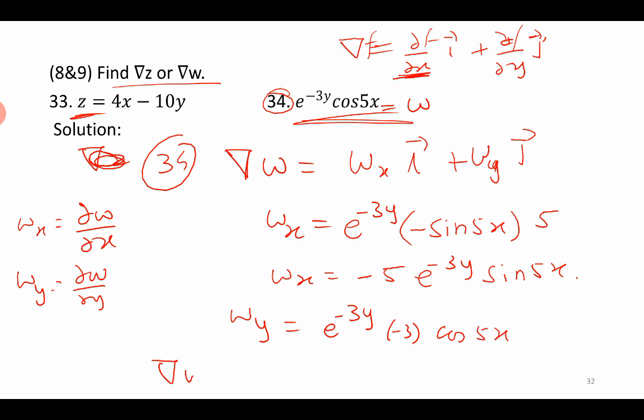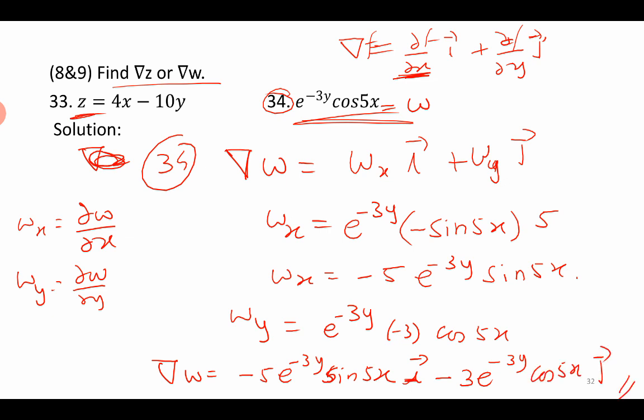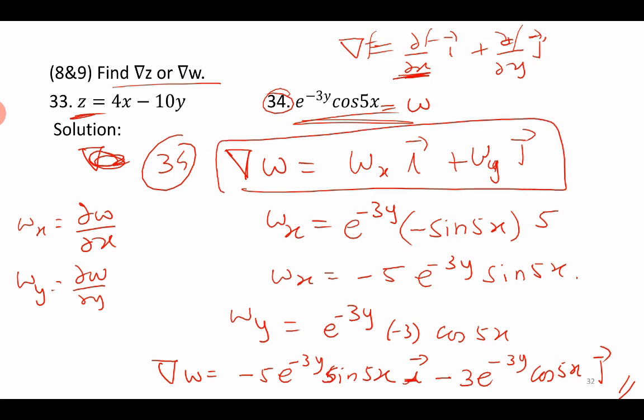Therefore now del w is wx times i, minus 5 e raised to minus 3y sine 5x i vector, plus wy times j vector, minus 3 e raised to minus 3y cosine 5x j vector. That is it. That's the end. So this is the formula for del, I mean del w, which is the gradient.